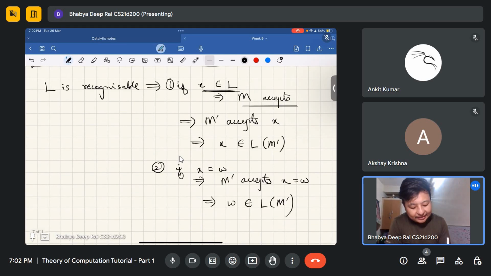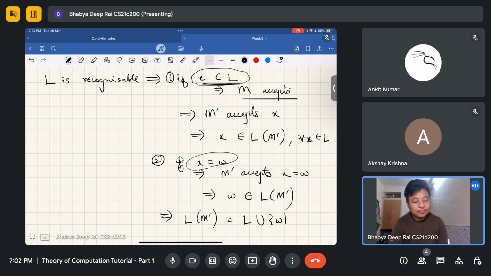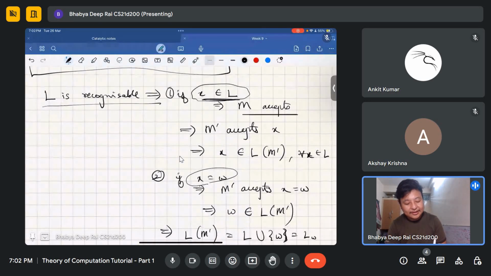So it accepts all the strings in L, and it accepts all the strings that are equal to W. What does it mean? It means the language of M prime is equal to L union W, which is nothing but LW. And clearly this shows that this is recognizable.